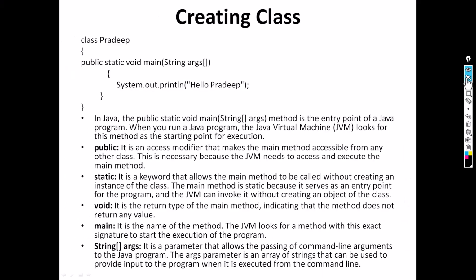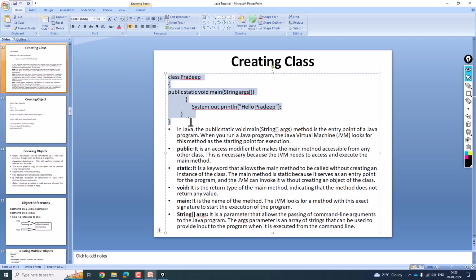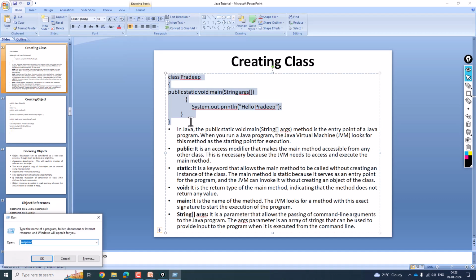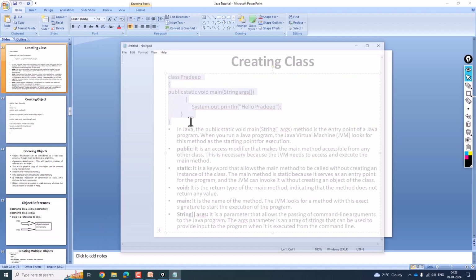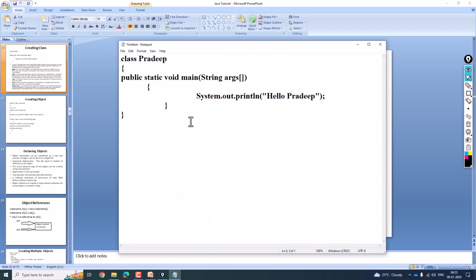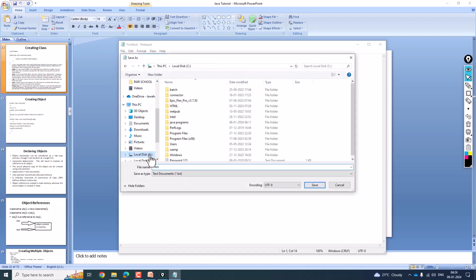So let us execute this simple program. I am going to open the basic editor called Notepad. I have opened Notepad and pasted this particular program, and we have to save the program based upon the class name. So File, Save As. You need to create a work directory in the C drive.